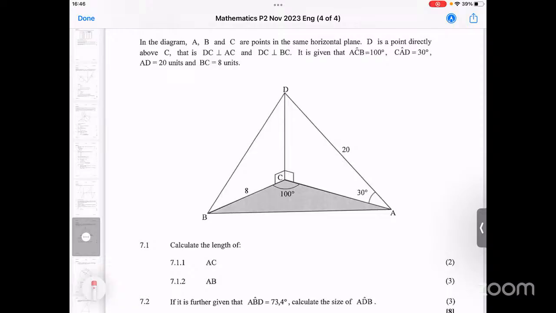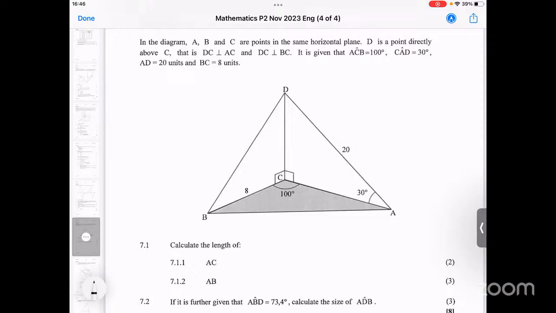For AC, because we already have angle A, which is 30 degrees, and DA, which is 20, we would then use the cosine rule and say AC over AD. Wait, which rule are we using?